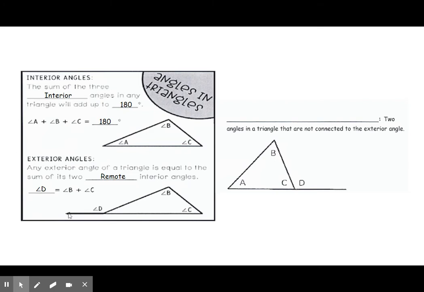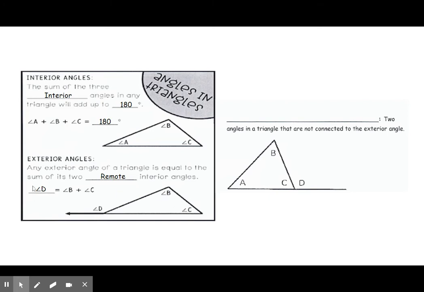If we extend this line, I create this exterior angle, an angle outside of my triangle, and its measurement is equal to the sum of the two remote interior angles. Remote interior angles are the two angles that are furthest away from the exterior angle.